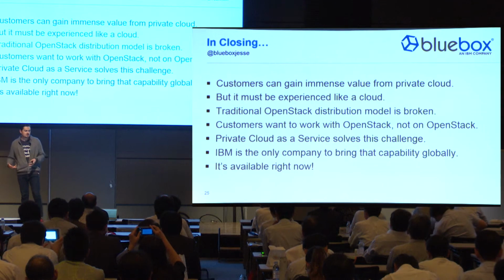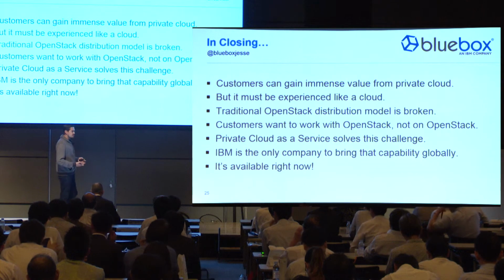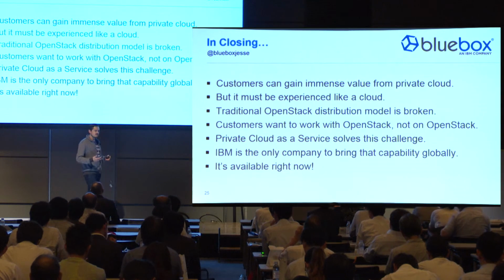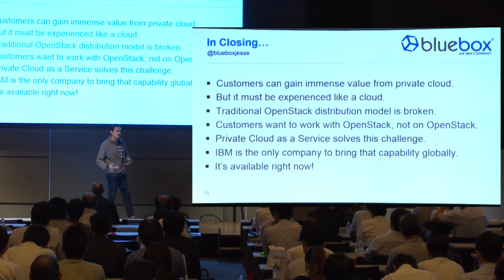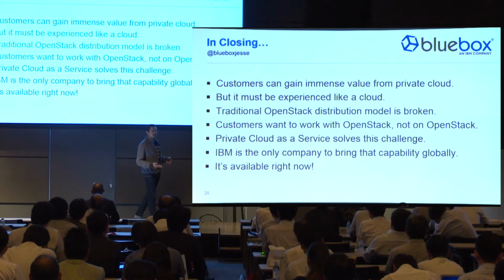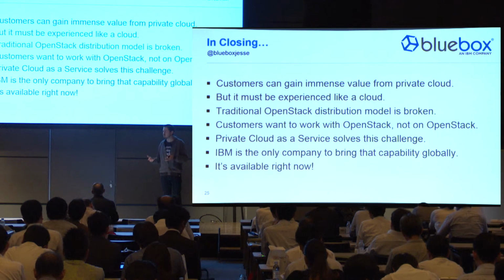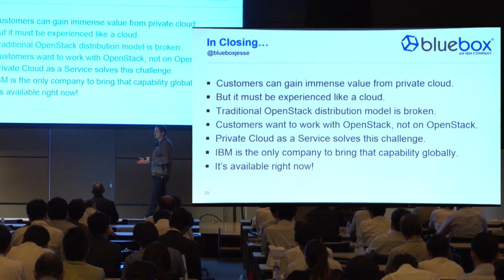And a private cloud as a service model solves that for them by taking the operational burden of OpenStack and of the infrastructure away from the customer and allowing them to focus on driving innovation and differentiation in the application layer. We can make customers wildly successful where historically they may have been struggling.